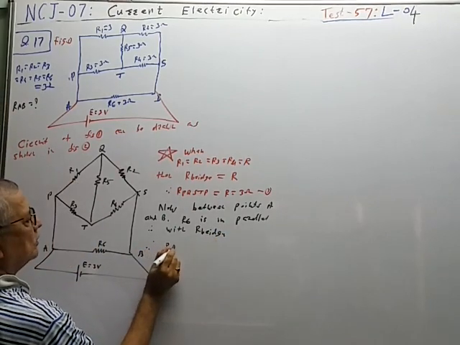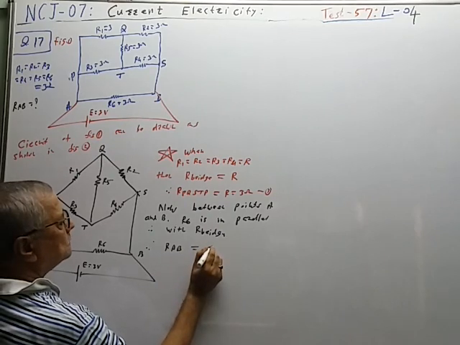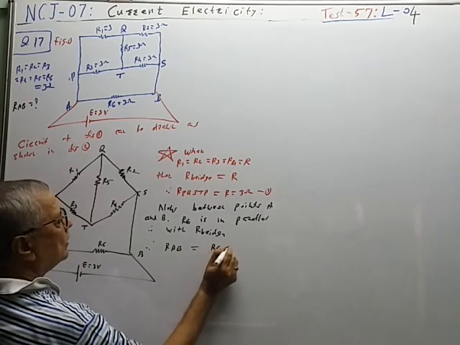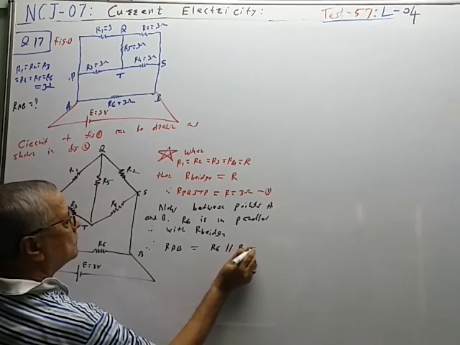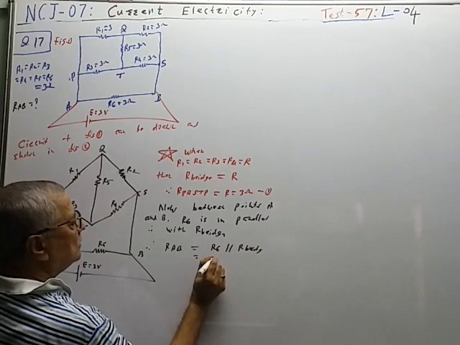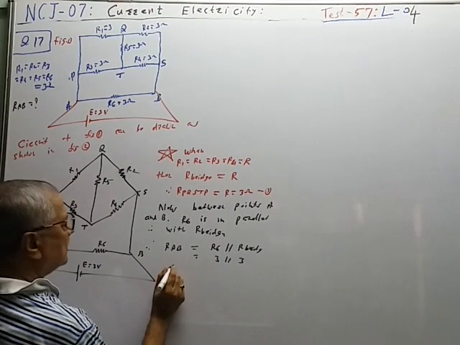Therefore RAB is equal to R6 parallel R bridge, 3 parallel 3 ohm.